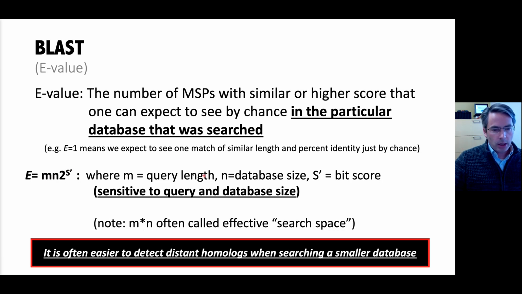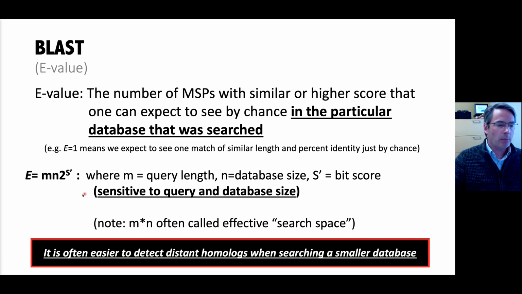It's also affected by the length of your query. If you have a really long sequence, you're going to get more matches to subsets of that, because remember how it works. You chop it up into little words and then search for matches. And the more of that you do, the more chance you have of getting a decent quality hit just by random chance.